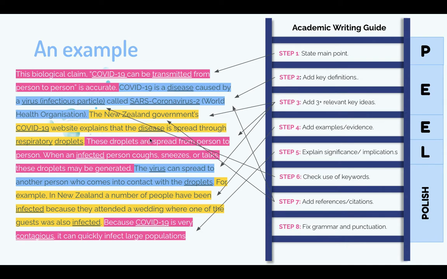You can also see that the key words being used, because this is a science paragraph, have been underlined to show the appropriate scientific language for the context, but also in some cases some clarification is provided about key terms where they are important to show that the person writing this understands.